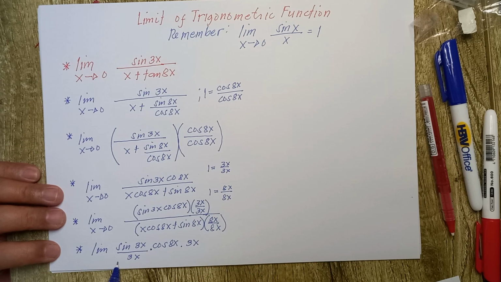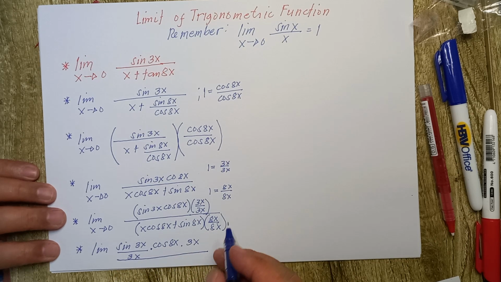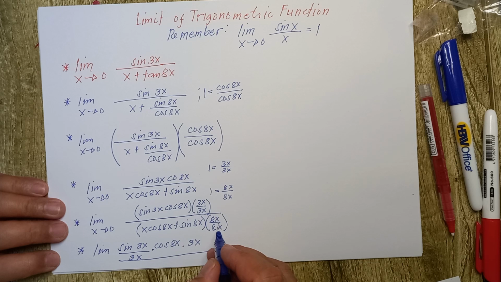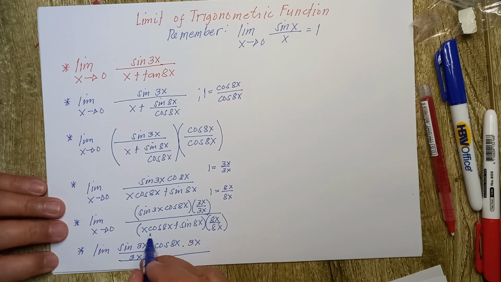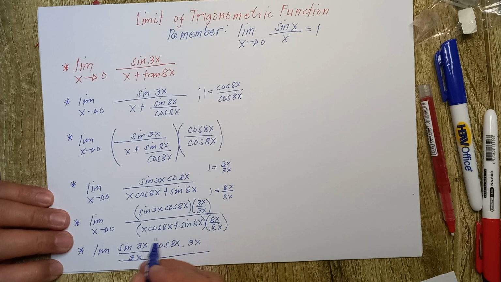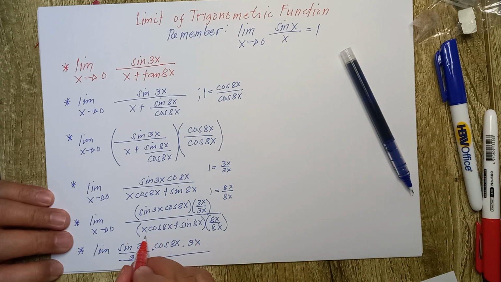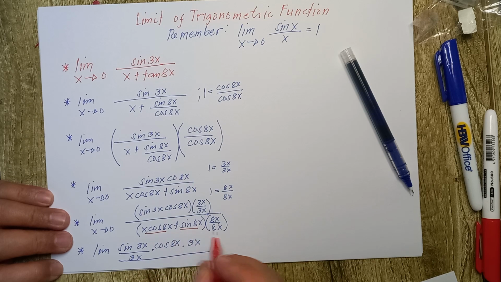Now another one, in the denominator, we can have this one, then we can multiply this one in here. You have to remember that we can distribute the denominator. This is the same as 1.